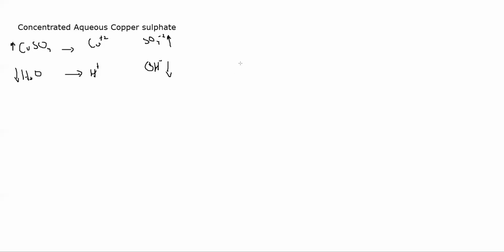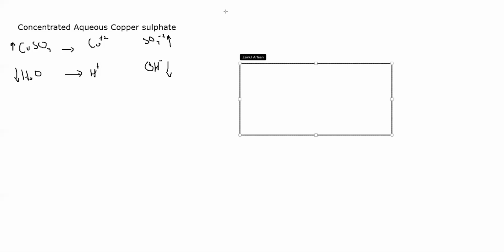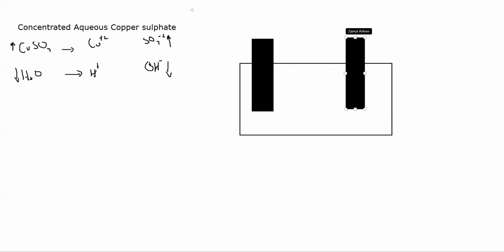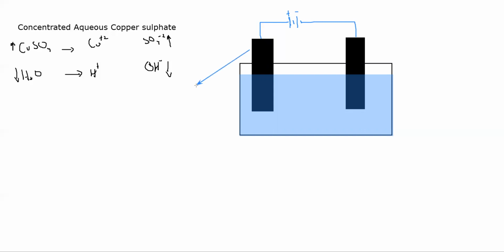If you make this electrolytic cell using the electrodes, left hand side is positive, right hand side is negative. The one which is connected with a positive terminal is called anode, the other one is cathode.